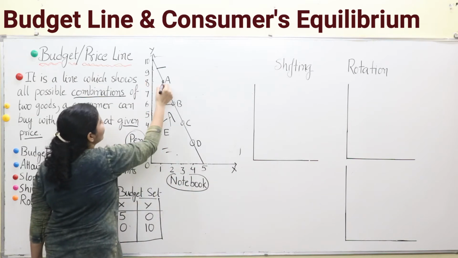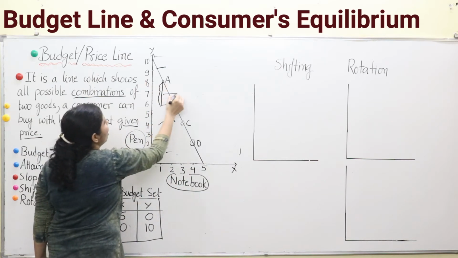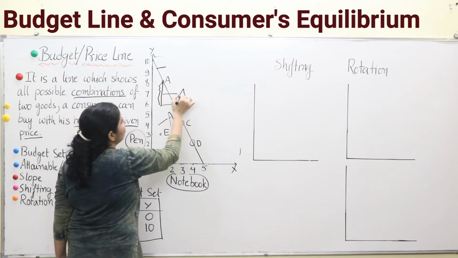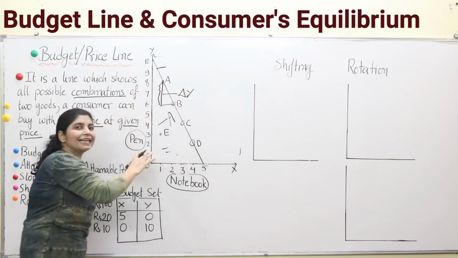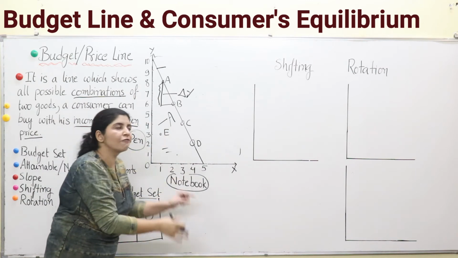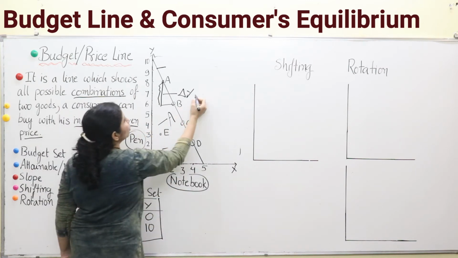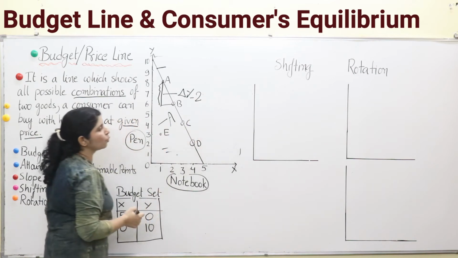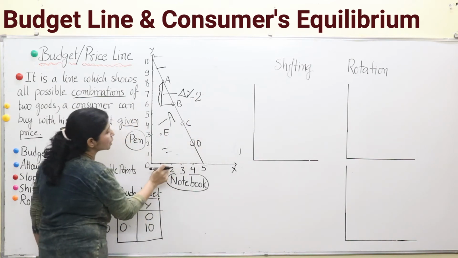So here, what is the change in your Y commodity? That is delta Y. You are decreasing the units of your pen to buy one more unit of notebook. So what is the decrease? 2 units. That is minus 2. And what is the increase? That is 1 unit only.